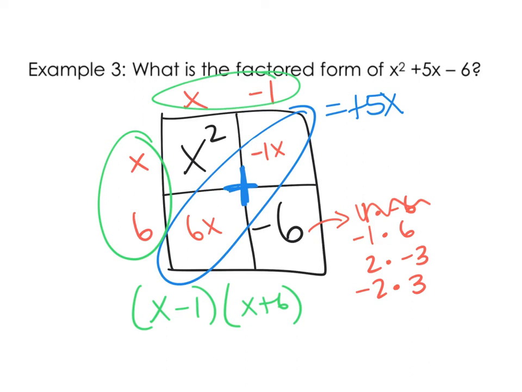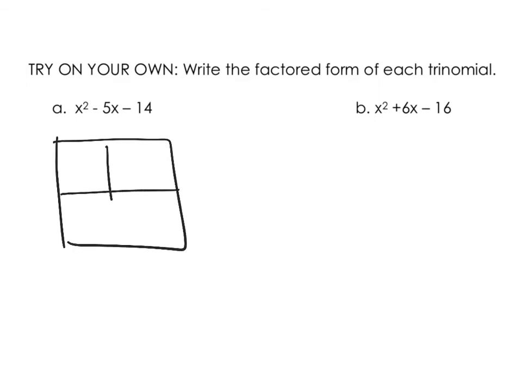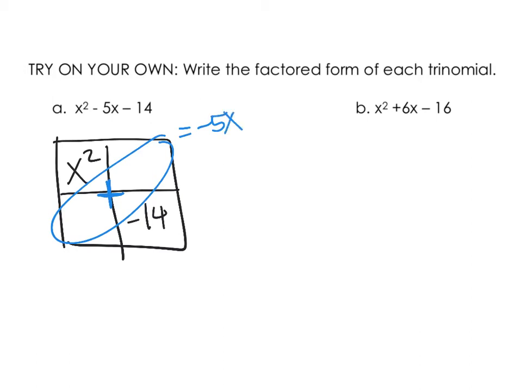So if you want to pause here and try the next couple examples the same way, do so now. Alrighty, so let's try this first example. We are making our box, and we need to have an x squared, a negative 14, and our diagonal this time has to add to be a negative 5x.